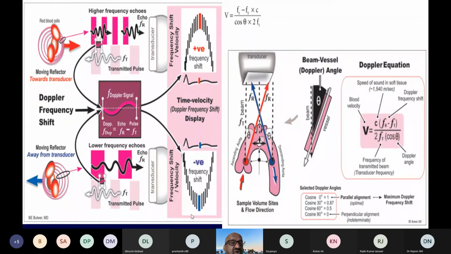This is called the Doppler shift. Echoes reflected from blood moving up towards the transducer exhibit higher frequencies compared to the transmitted Doppler ultrasound pulses.